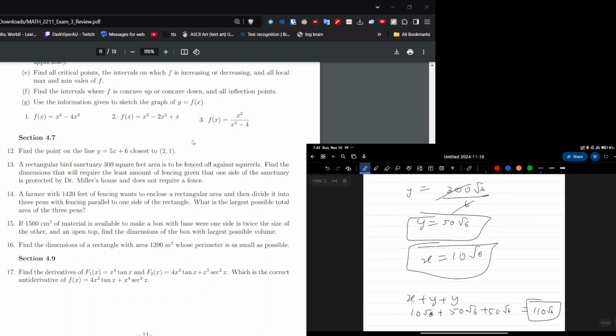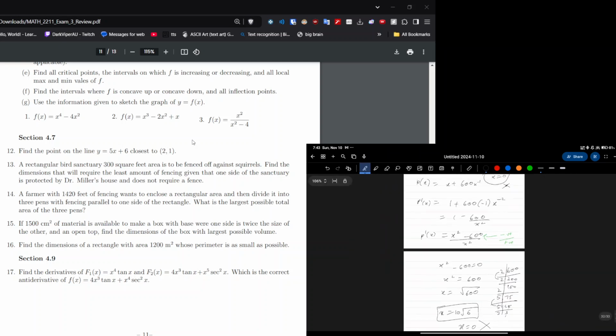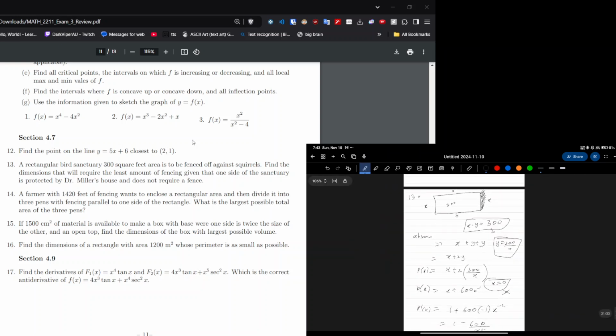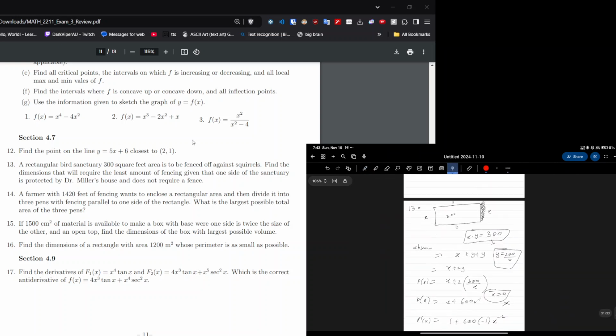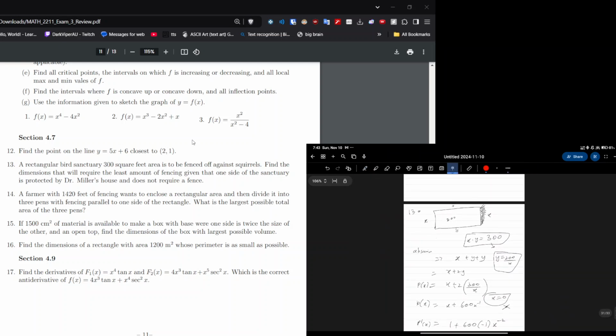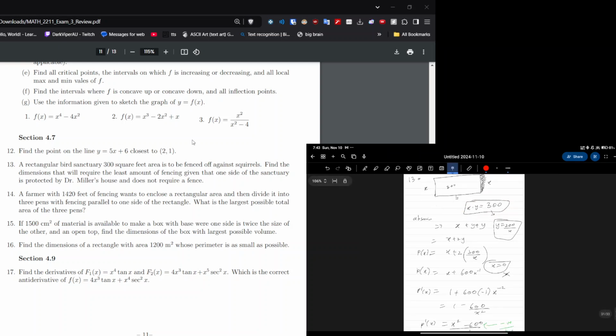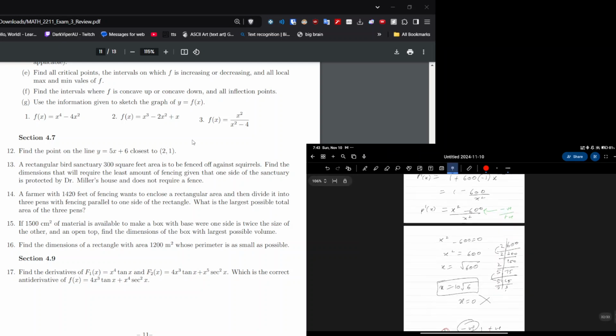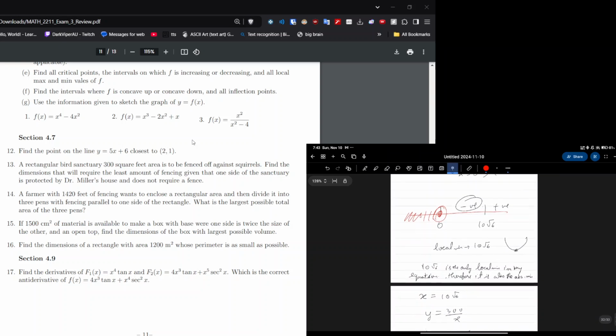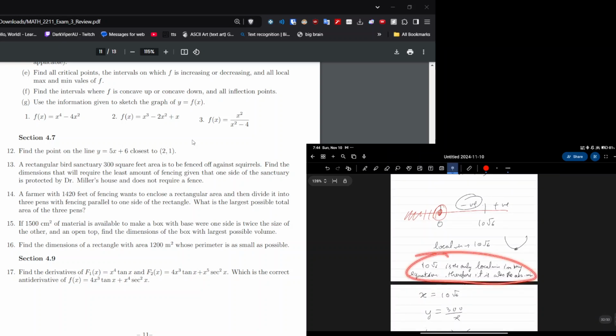Your first step is to draw the diagram. Second step, find the thing that relates them. Third step, find the function that you need to find the max or min of. Fourth step, find the max or min. Fifth step, very crucial, don't forget to write this line.